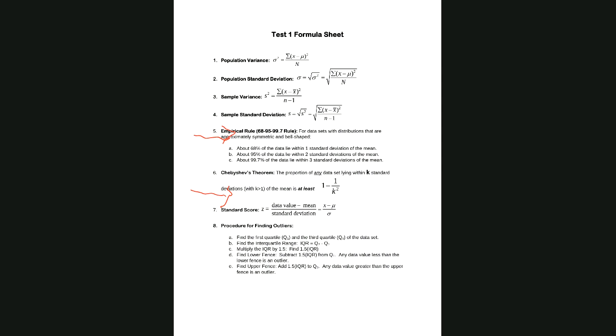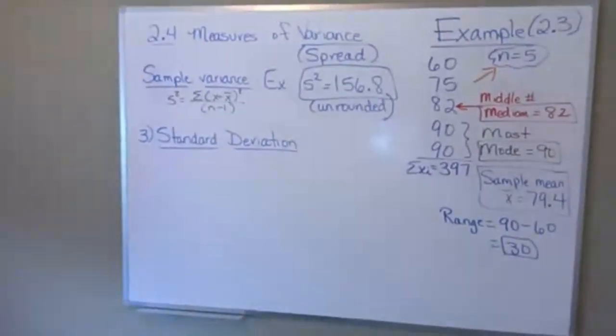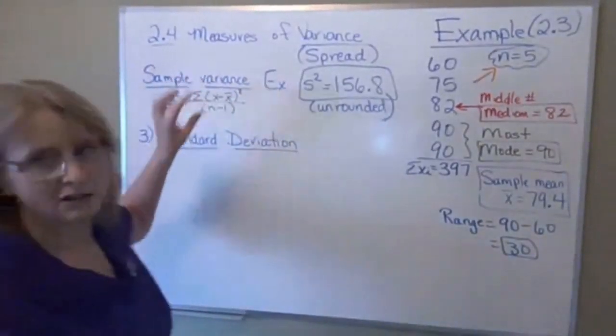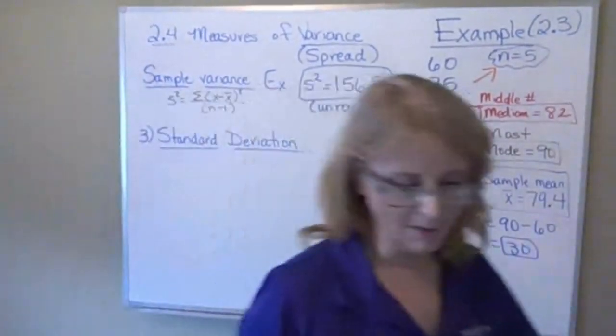All right, so you see the formula for standard deviation is just to take the square root of the variance. So let's write that down. For variance, remember I told you that it's sort of like averaging the squares of the distances from the mean.